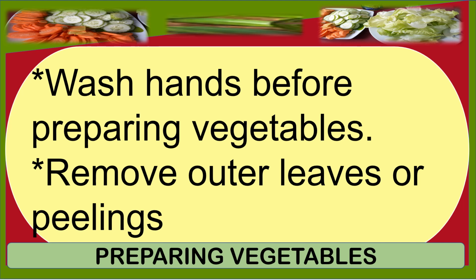Hands should be washed thoroughly with soap before handling the vegetables. The next one, you're going to remove outer leaves or the peelings. Of course, because this may decrease the amount of pesticide residues or harmful microbes on the fruits and vegetables. Right?